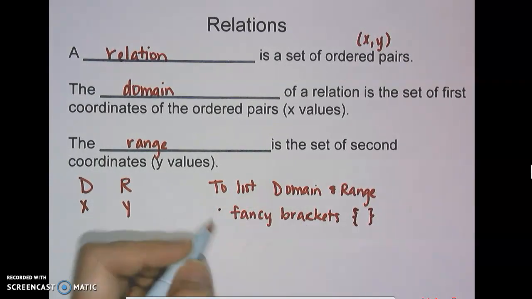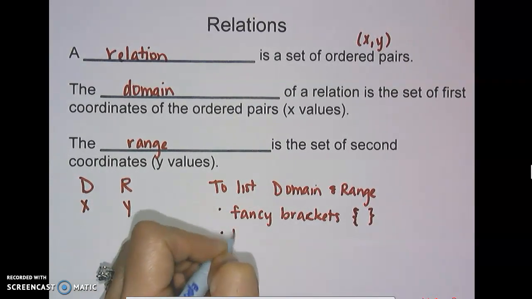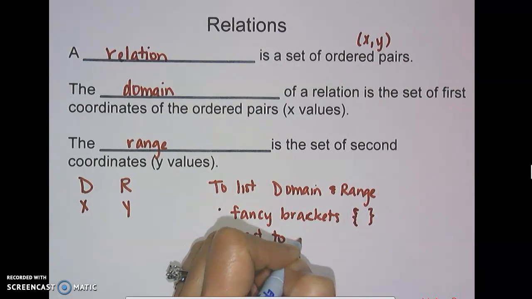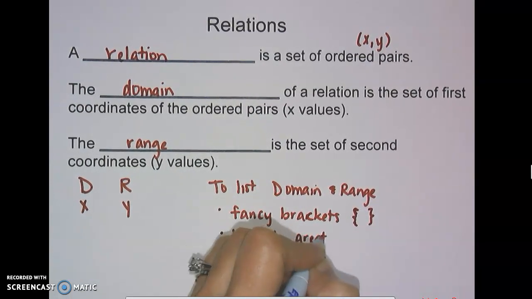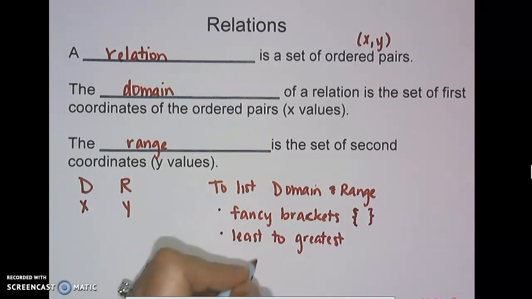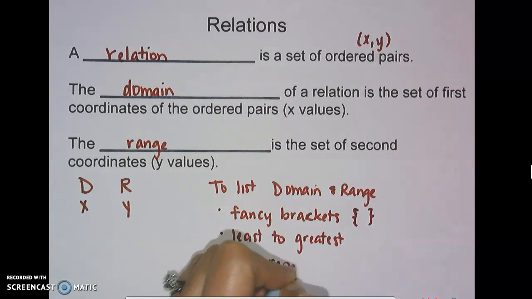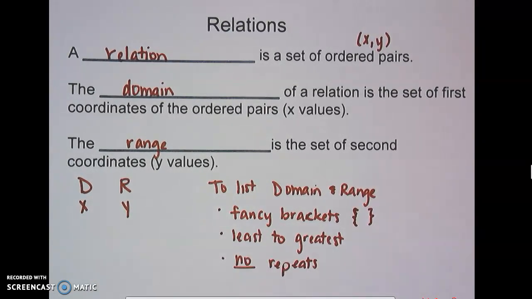That's okay. The next thing we're going to do is we need to make sure that it's from least to greatest. So the elements in these are from least to greatest. And there can be no repeats. So a number might happen more than once in the domain or in the range, but we're not allowed to repeat it when we're actually writing out what those things are.